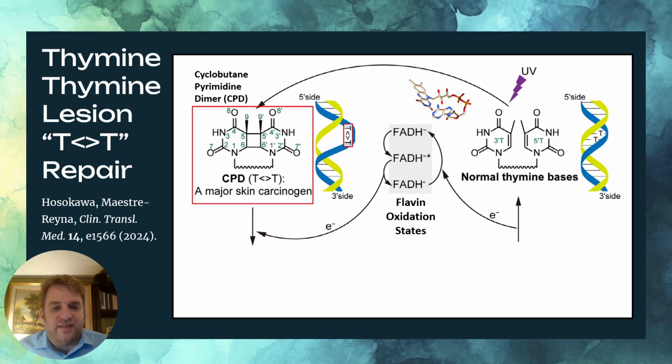And so now looking at the left-hand side, we can see in the middle of the diagram there is a little square between the 5s and the 6s. For those of you familiar with organic chemistry, you'll recognize that square box as a cyclobutane molecule that is now formed between the 2 pyrimidine bases, the thymine bases, and that forms a dimer, simply a pair of molecules bound together.